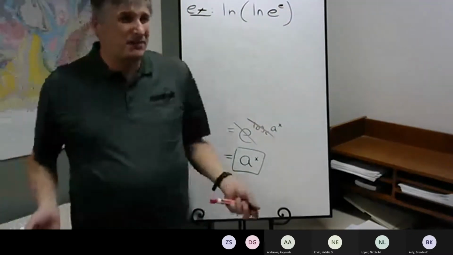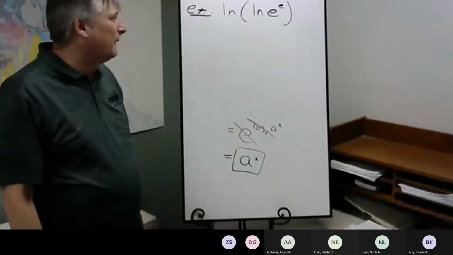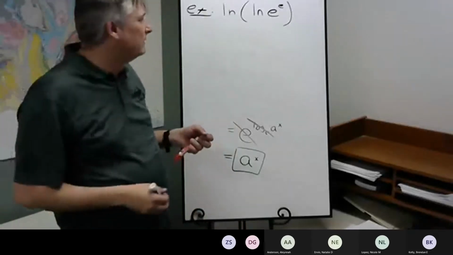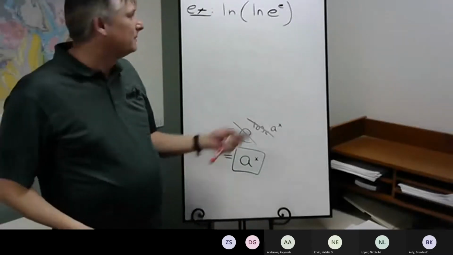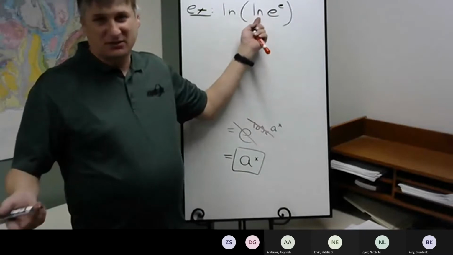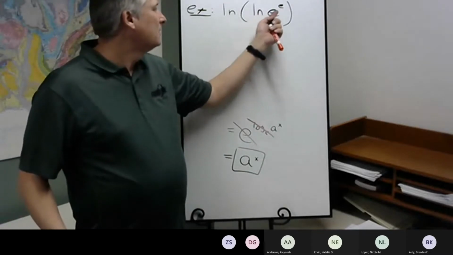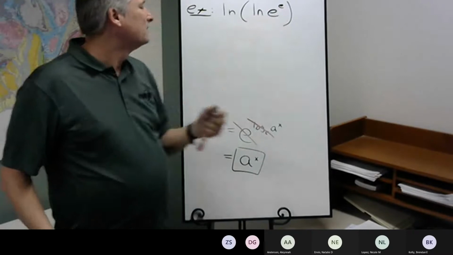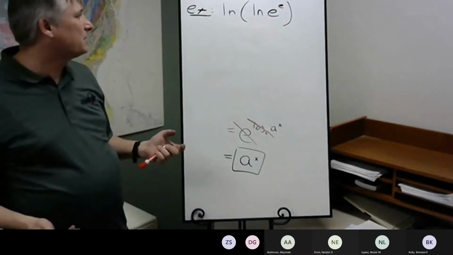And we're supposed to come up with another expression for this. Let's break it down a little bit. A ln is just a log base e. We have this here. So there's a couple ways we can handle this.